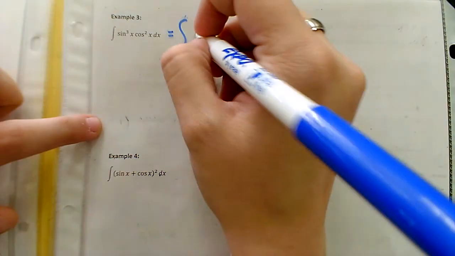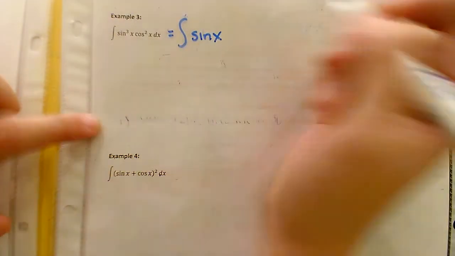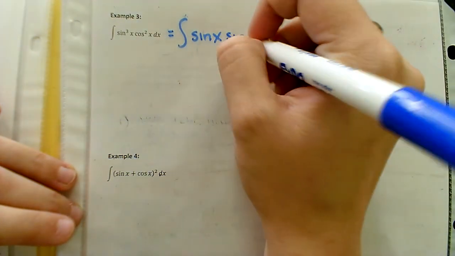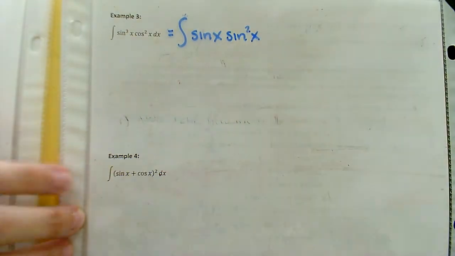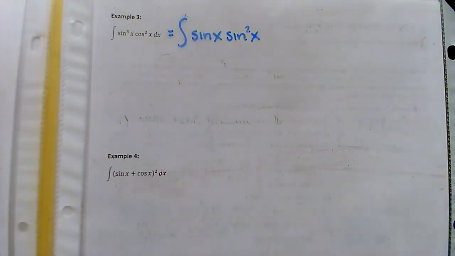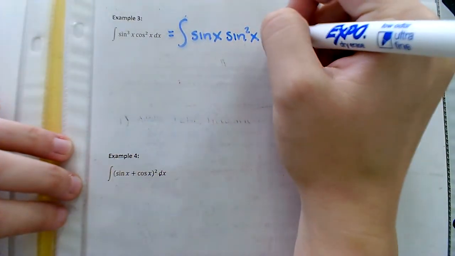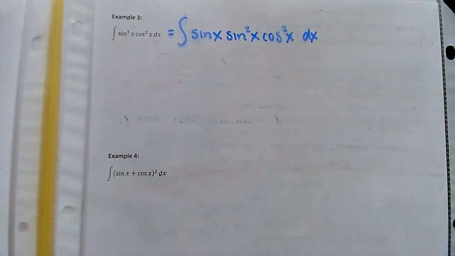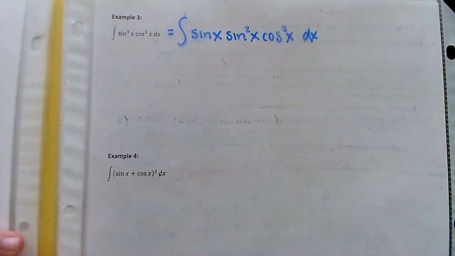So if we have sine cubed, that technically means we have 3 sines being multiplied together. So maybe I'll just write 1 sine first times 2 other sines. Does that make sense? And this would be a cosine squared as well. Okay, so that's one way to rewrite it. We just didn't use an identity.